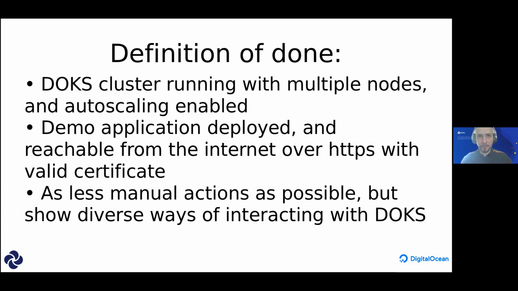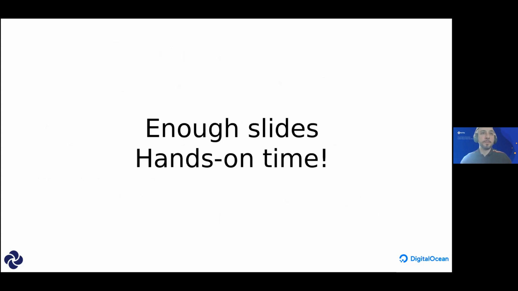We're not going to do it by hand. And also the cert manager will create a valid Let's Encrypt certificate for that domain and attach it to the ingress. We will be doing as few manual actions as possible, but I will be trying to show diverse ways of interacting with DigitalOcean Kubernetes.